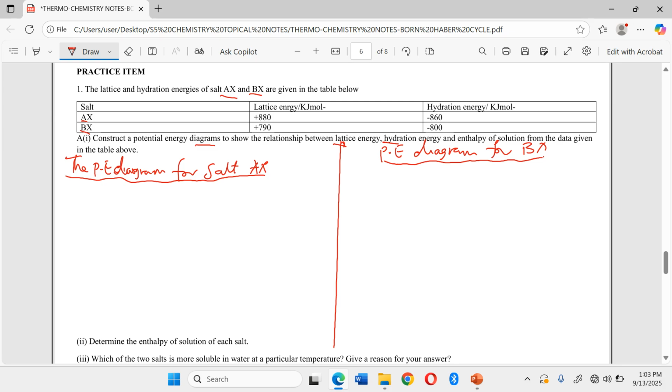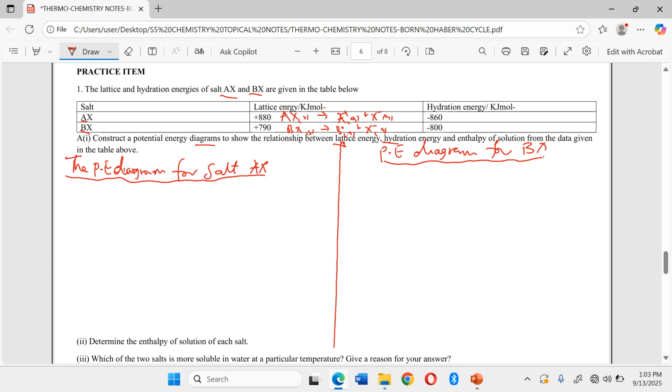So in that case it is AX, which is a solid, breaking into its ions, and these ions are gaseous, A plus and X minus. So if it is for B, it is BX solid, which is breaking into its ions, B plus gas and X minus gas.